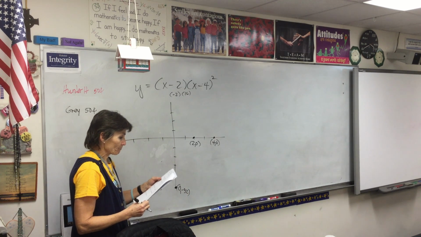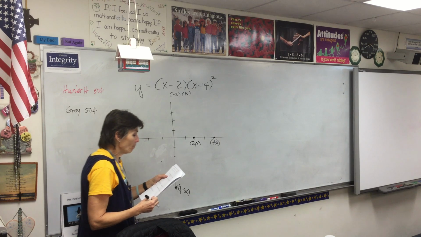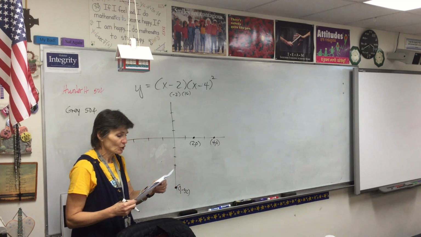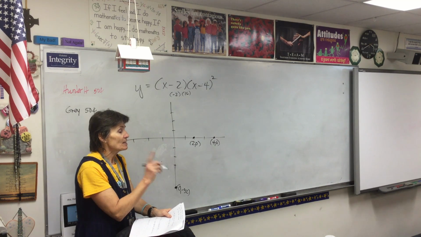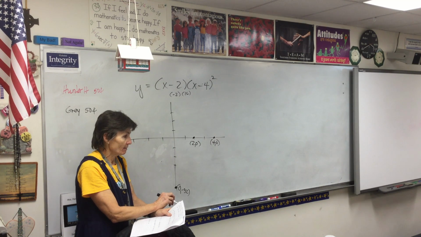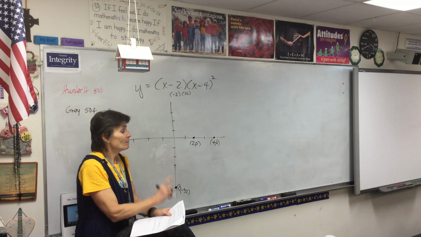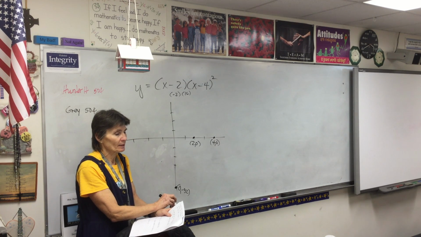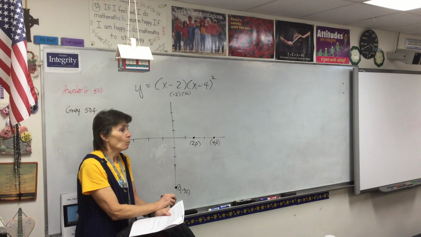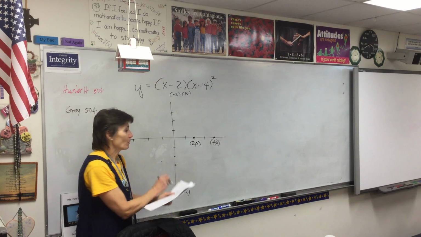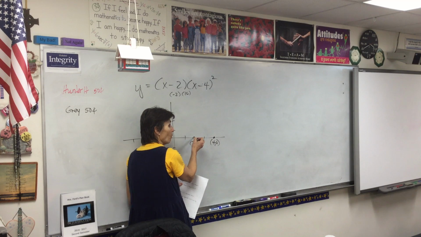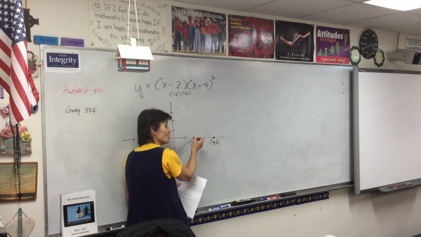All right. At what point is the curve tangent to the x-axis? Now, this is a perfect example of a problem you know how to do, but that vocabulary is a little different to you. We've been calling them bounce off. Remember, when the curve hits this point, it can do one of two things.